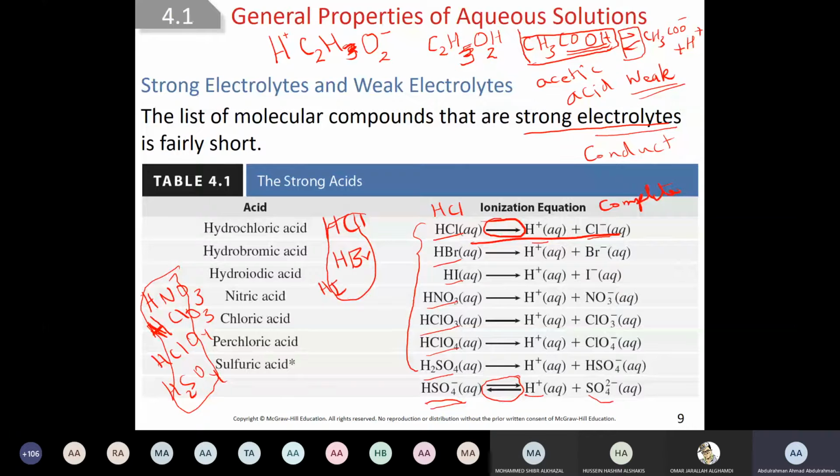What is the meaning of two arrows like this? Weak. 10% decompose, 90% stay like this. So only very little decomposes. These ions will conduct electricity and this will be a weak electrolyte. Okay.